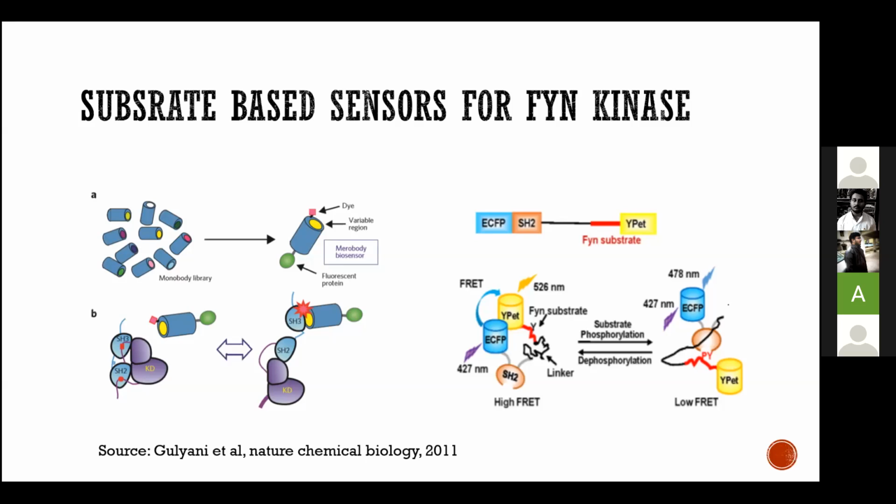Similarly, this approach was used to make a very basic three-component sensor, which had a dye, a variable region which can attach to the SH3 domain of the Fyn kinase. We will see this further. In figure A, you see this monobody biosensor, which has a fluorescent protein, a cylindrical variable region, and a dye. In B, you see this biosensor in action.